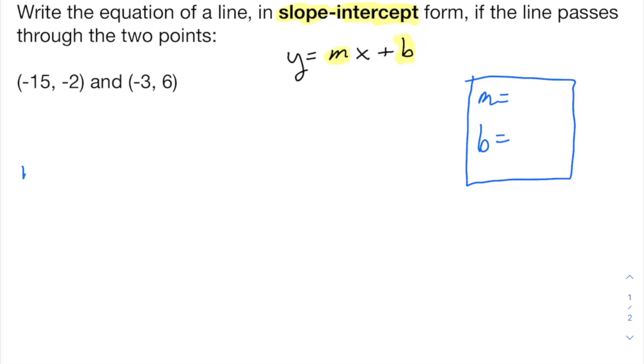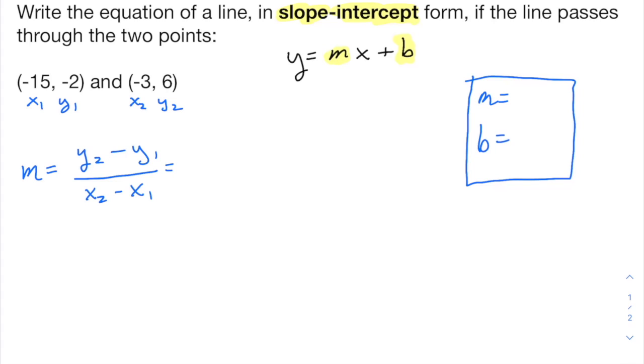As a refresher, our slope formula: m equals change in y over change in x, y2 minus y1 over x2 minus x1. And just keep in mind that if you're a little rusty, you might want to label your points. This first point would be x1, y1, and my second point would be x2, y2.